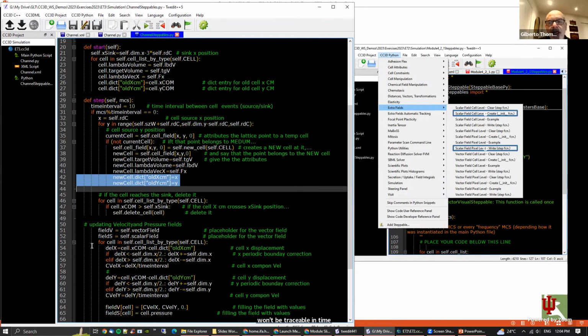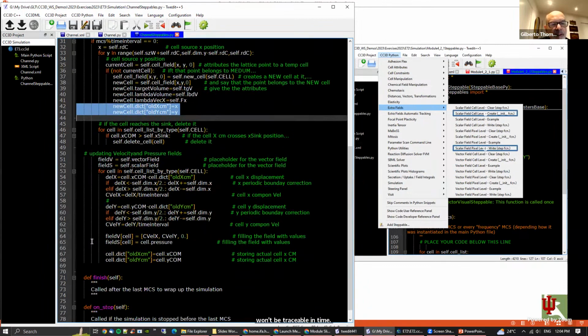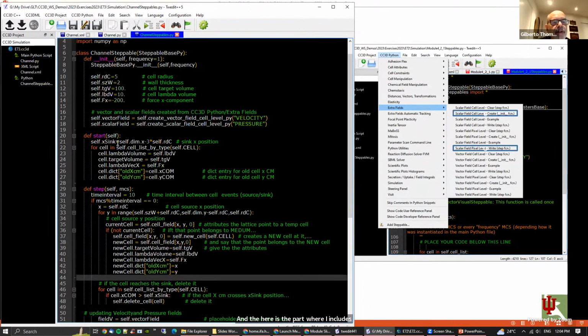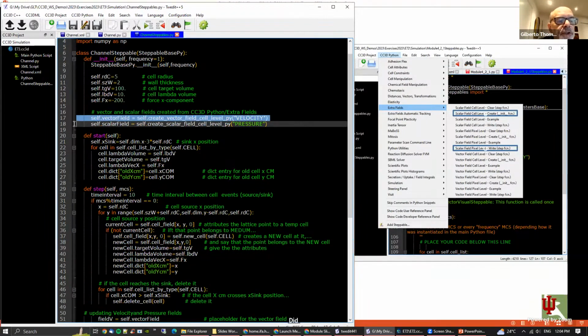Right? And here is the part where I include the fields. As usual, in the init part of the class, the channel steppable, I include the two fields.